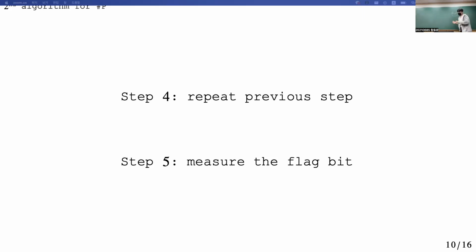So we repeat it. After each iteration, the number of components in the superposition that have a 1 for the flag qubit doubles. After n iterations, the flag qubit is no longer entangled with the first n qubits. It is either in the state 1 for every component of the superposition or in the state 0 for every component of the superposition. Then step 5: measure the flag qubit to determine the solution.